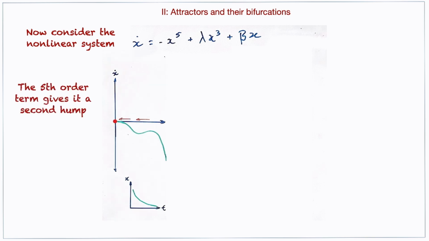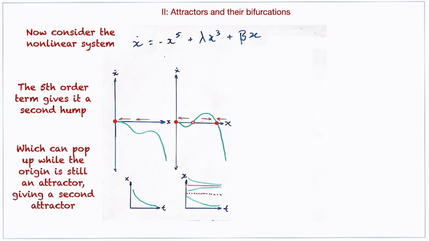So with the fifth order term, I'm only showing x is positive, so it would be symmetrical on the other side, but now we've got this additional hump from the fifth order term. Now in this particular part of the parameter space, we've still got the attractor at the origin. But now as the parameter goes up, on the right-hand side, that hump goes above the x-axis.